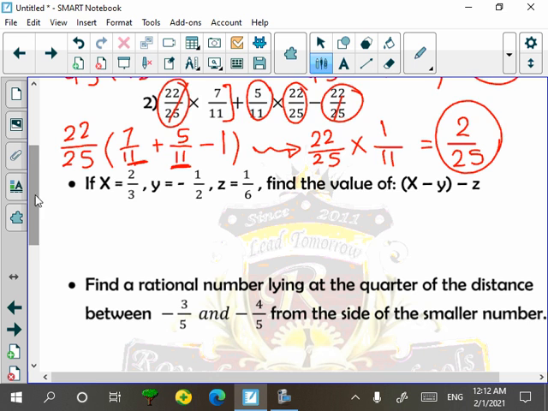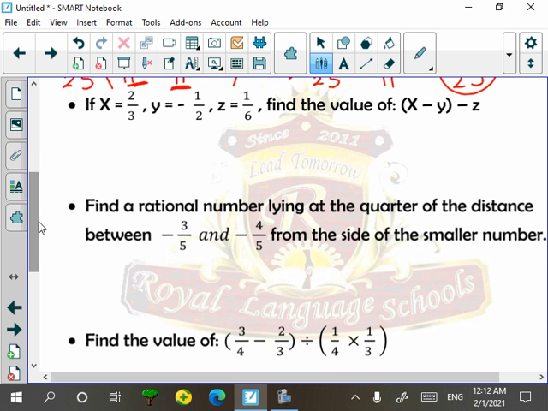Number 5. If x equals 2/3 and y equals negative half and z equals 1/6, find the value of x minus y minus z.